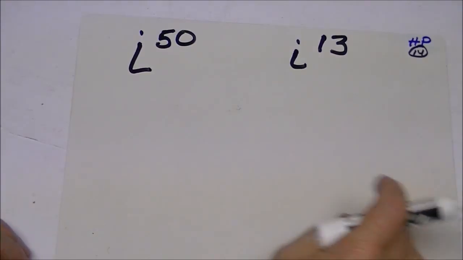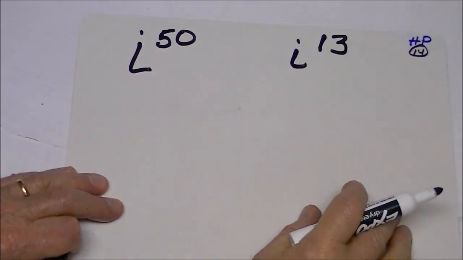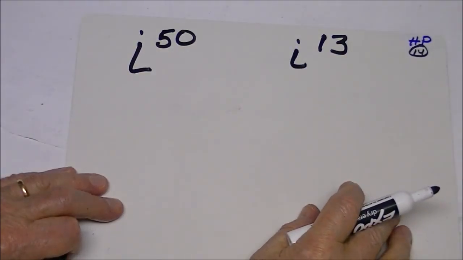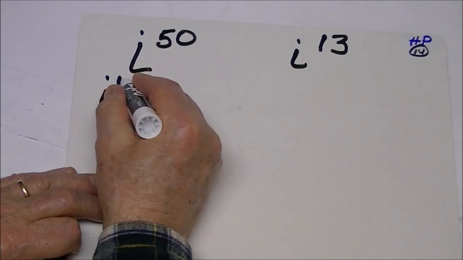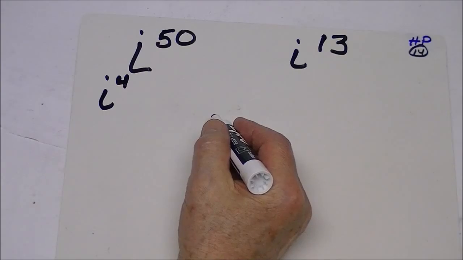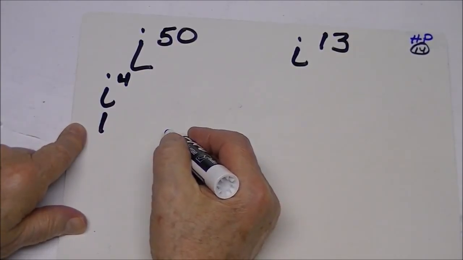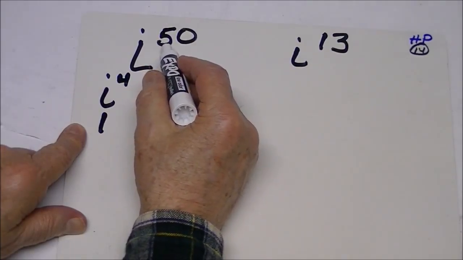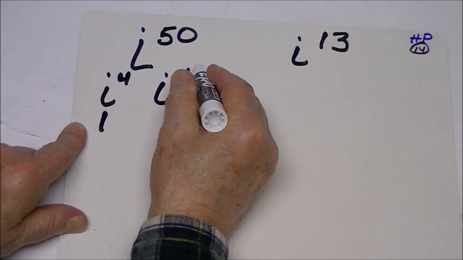Now, for the last thing we did in this section was powers of i. And again, the strategy was for every i to the 4th that we can find in this, this is going to be a 1. So a multiple of 4 that's in here is i to the 48th.